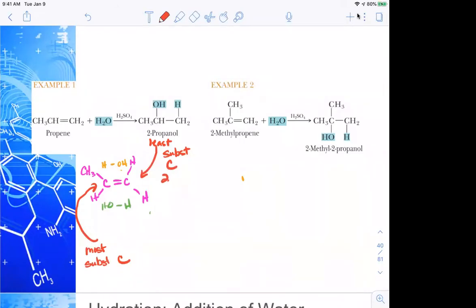This has two hydrogens. This only has one hydrogen. Remember, the hydrogen is going to add to the carbon that has more hydrogens, the least substituted carbon.